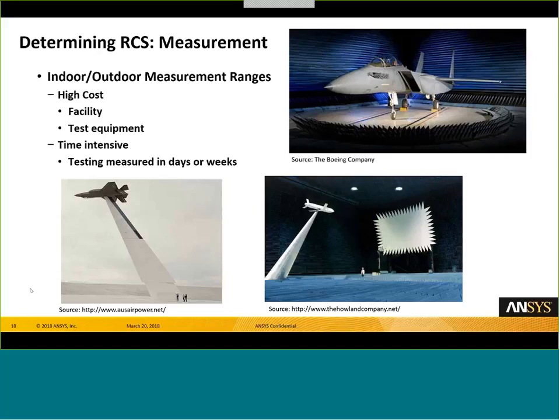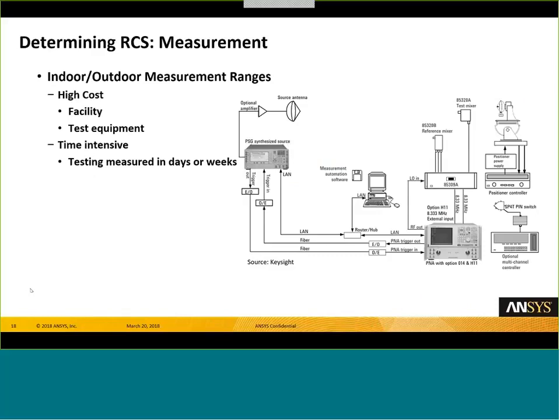The test equipment is very comprehensive. It's a very complex tool chain that includes signal generators, positioners, combiners and collimators. And just conducting the test itself can be extremely time intensive. For the most part, testing RCS of vehicles is typically measured in days or weeks.